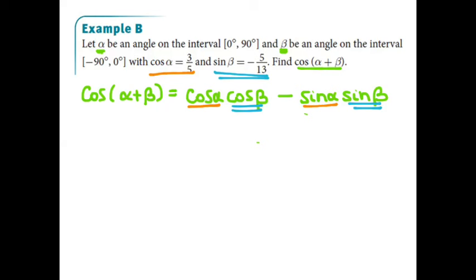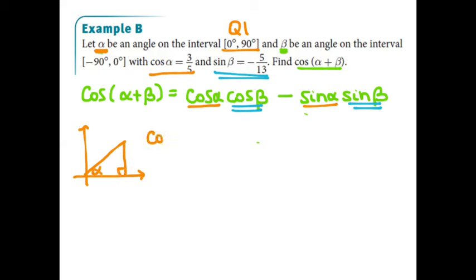So let's notice here that alpha is an angle on the interval 0 to 90 degrees, which means alpha is a quadrant 1 angle. So what I'm going to do down here is draw a reference triangle in quadrant 1. So here's alpha.